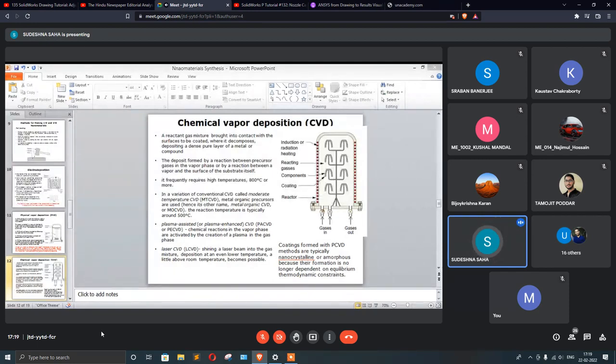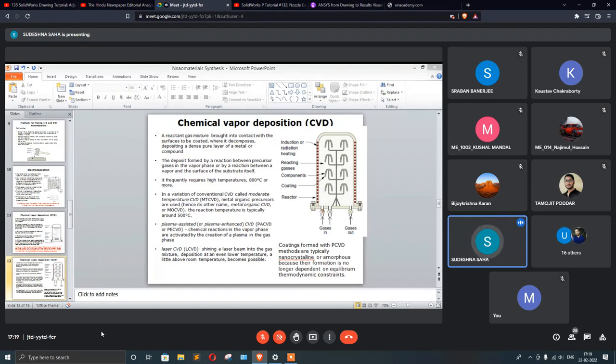Either the deposit can be formed by a reaction between the precursor gases in the vapor phase, or by a reaction between the vapor and the surface of the substrate itself. There are two possibilities in this particular case.